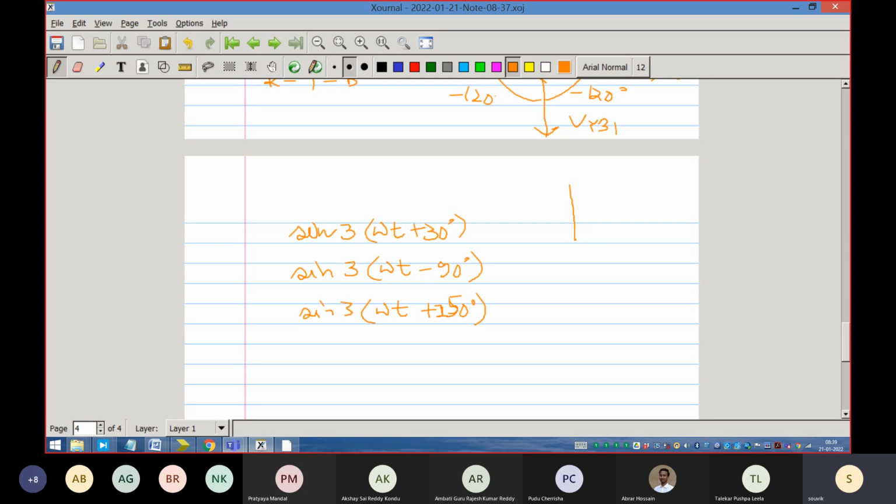That means the third harmonic is coming this way: this phase is VRY3, this is VYB3, and this is VBR3, right? So that is minus 90 degree, and it is also in the same phase.